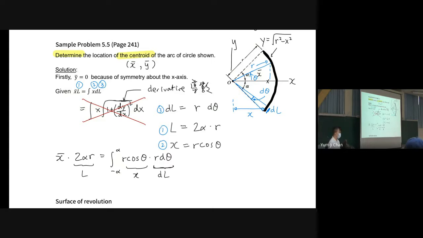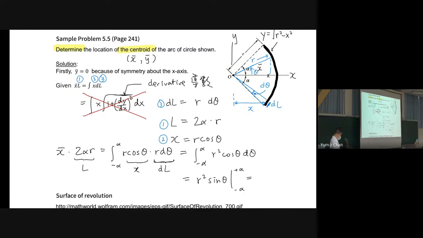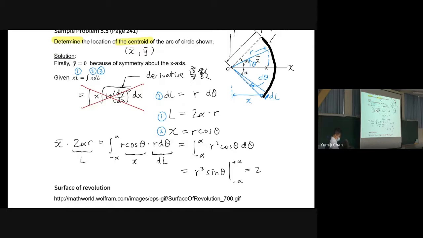Therefore we have the integral of r squared cosine theta d theta. Then it means we have r squared sine theta from minus alpha to plus alpha, which is equal to 2r squared sine alpha, because the integration of cosine theta is sine theta, right?